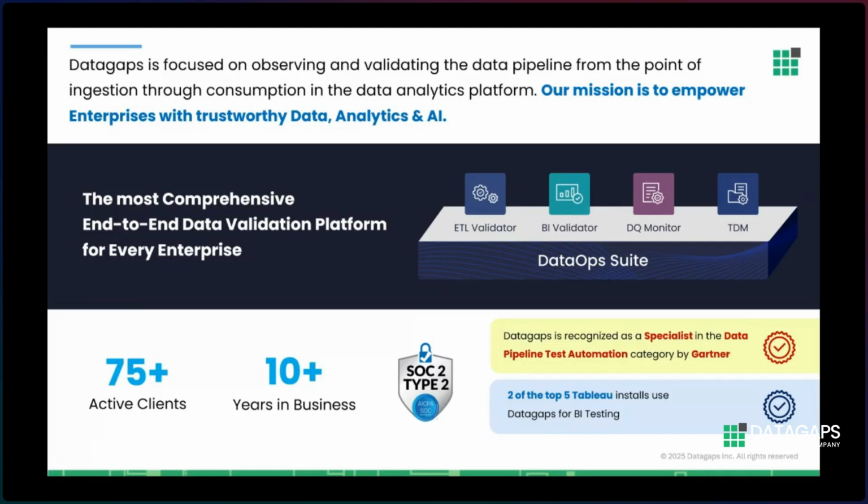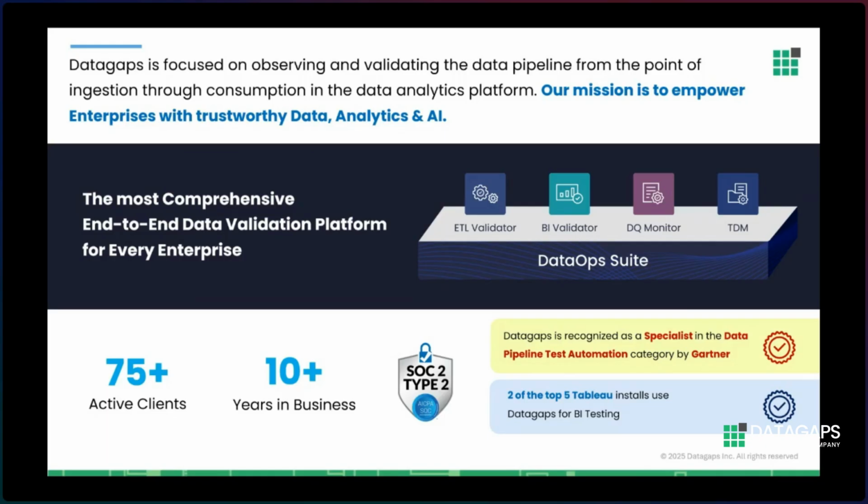The core products are ETL Validator, BI Validator, the Data Quality Monitor, and Test Data Manager, which together automate the pipeline testing, the report to data reconciliation, the continuous data quality monitoring, and we also do synthetic data generation.